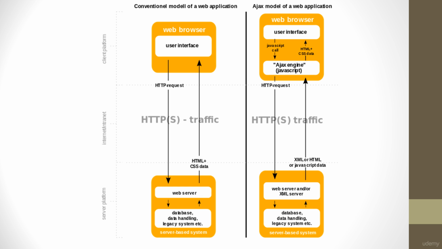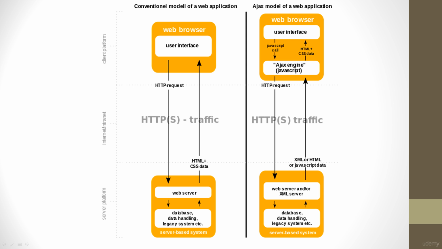Basically, the way the Ajax model works, we've got our web browser, and the user initiates a JavaScript call. JavaScript connects to the Ajax engine and sends an HTTP request. That HTTP request is received by another file, on a web server or an XML server, which can do some processing there, or just send some information back.